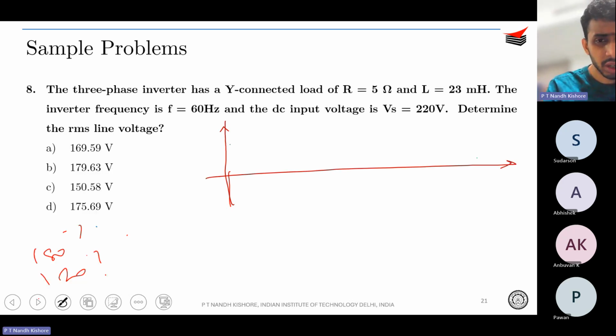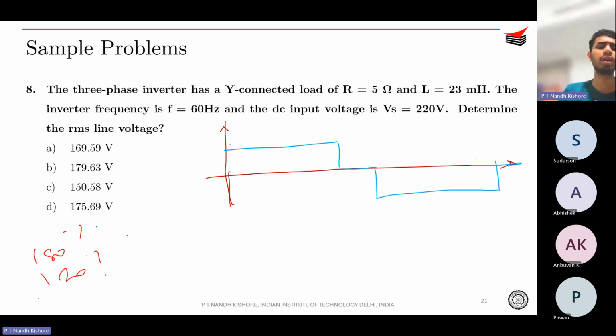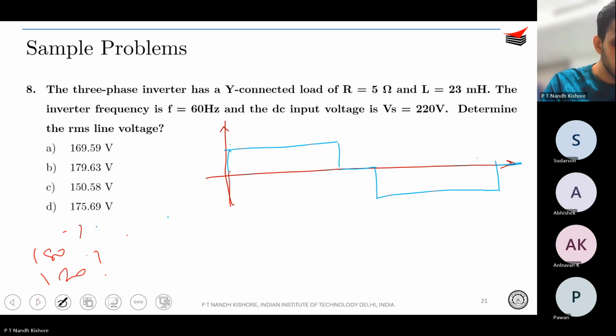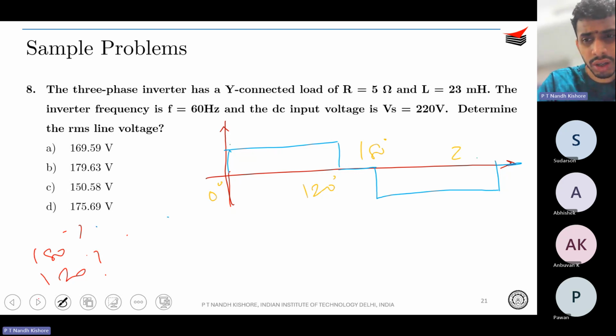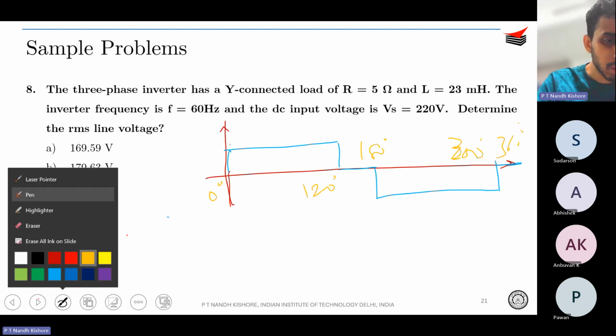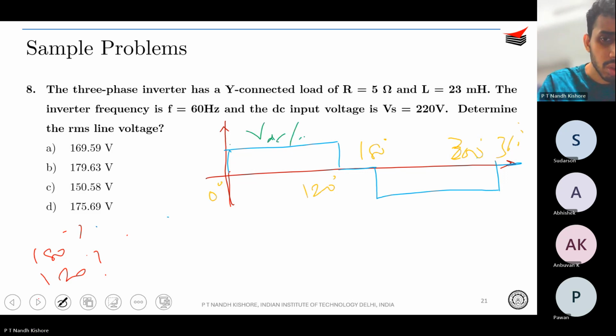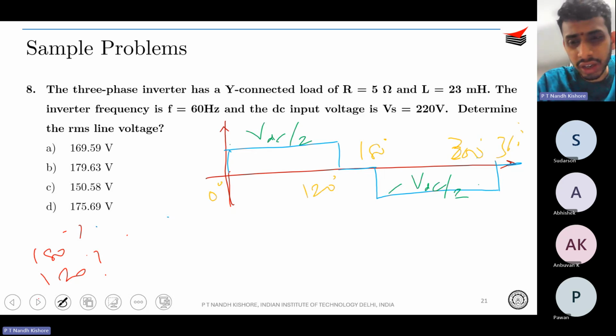So you have something like this, and then this is your 0, this is your 120, 180, 300, and then 360. So you are seeing that it is on, right? So you have a plus VDC by 2 and a minus VDC by 2 for 120 degrees here and 120 degrees here. So a total of 240 degrees, right?